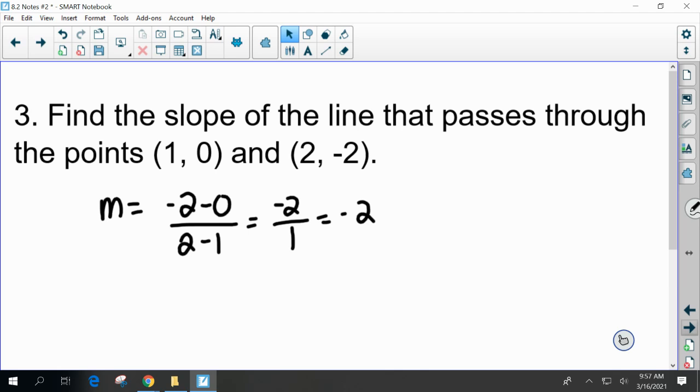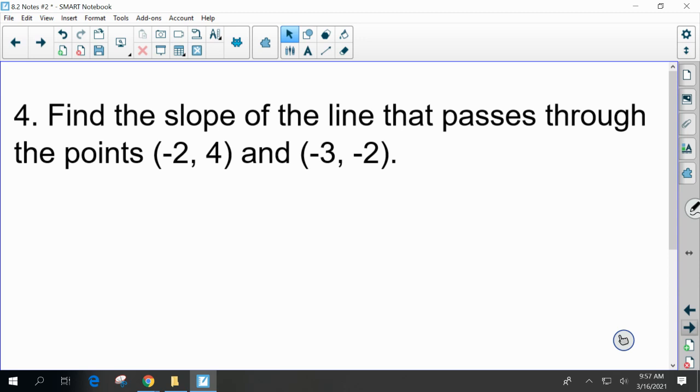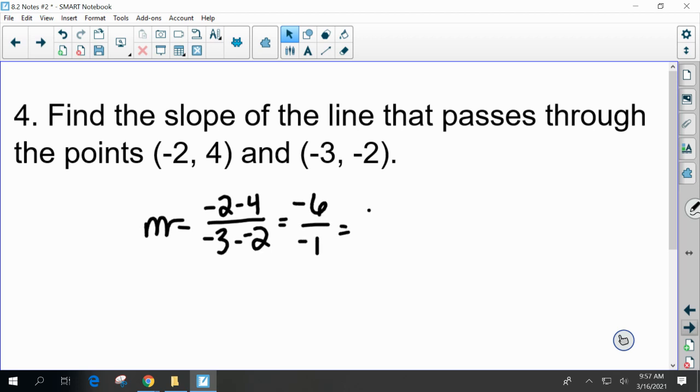Okay, and then for number 4, you guys already do this one? So M equals -2 minus 4 over -3 minus a -2. So that would be -6 over -1, which equals +6.